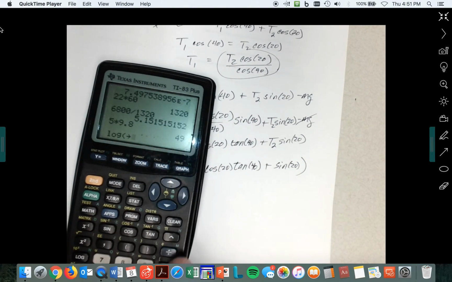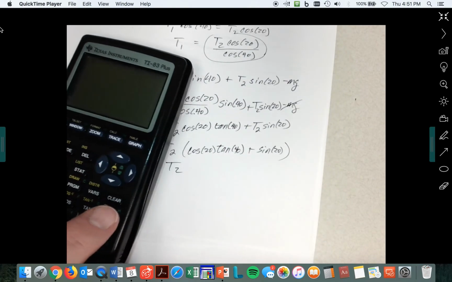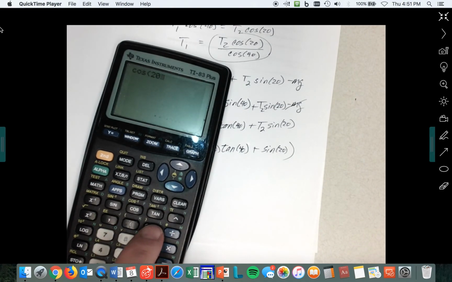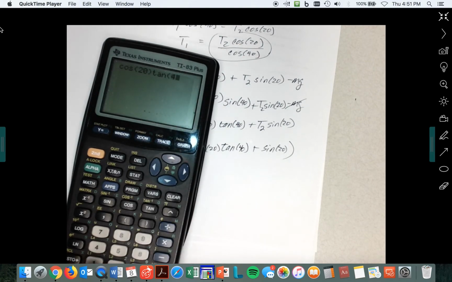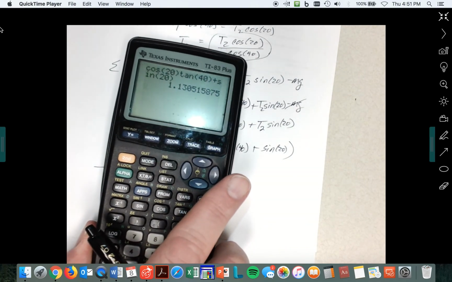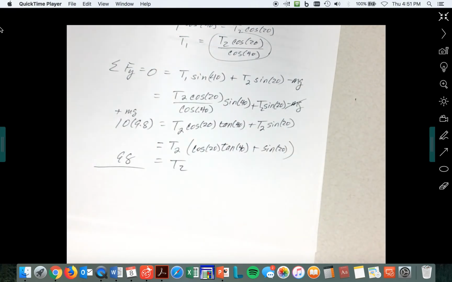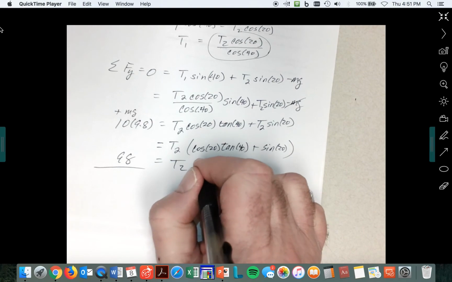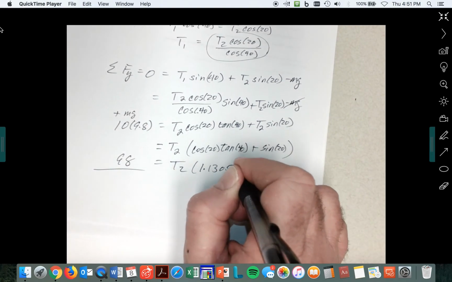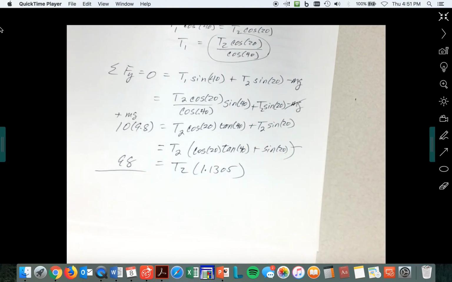It's not that hard, see? Now that we've got it, it doesn't seem that hard. Cosine 20 times the tangent of 40 plus the sine of 20 is equal to 1.1305. Let's go with that. 1.1305 is all that mess.